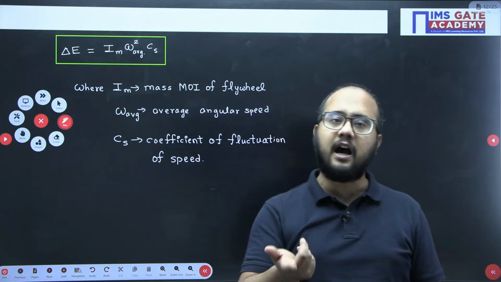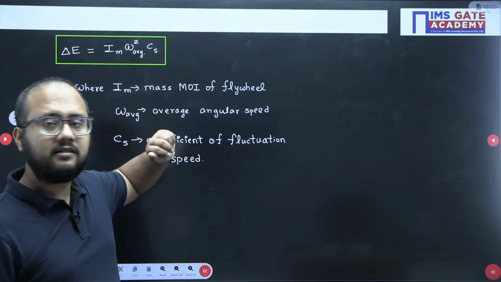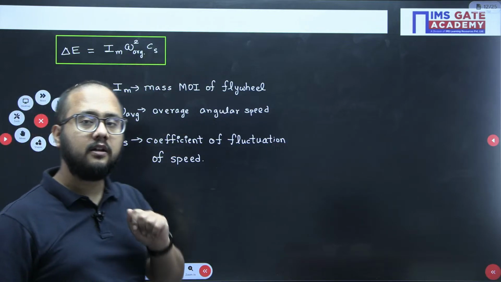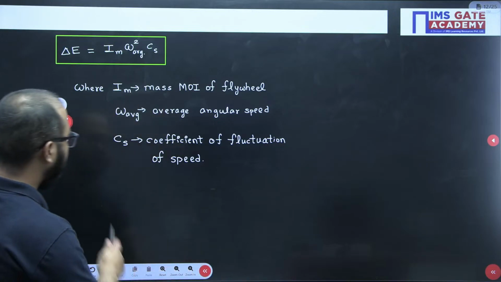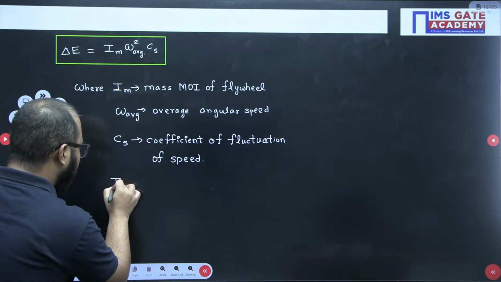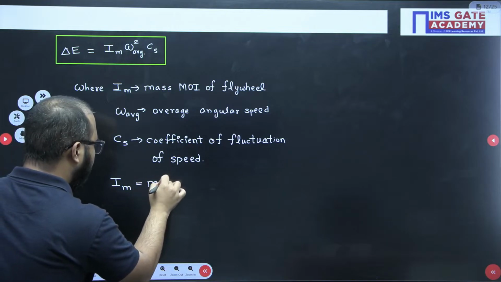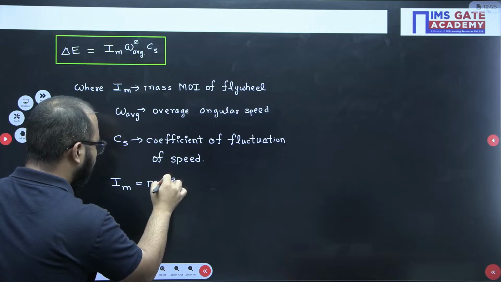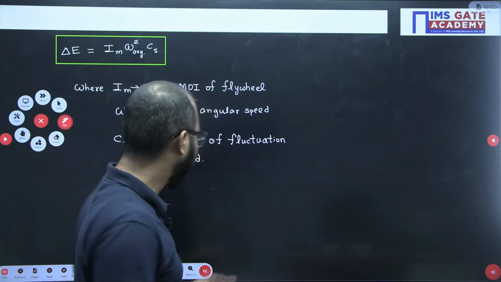In that case, how will you calculate the mass? In the formula there is no mass term, this is the mass moment of inertia. So let us understand here: mass moment of inertia can also be written as m multiplied by k square. Now what is k here? K is the radius of gyration.